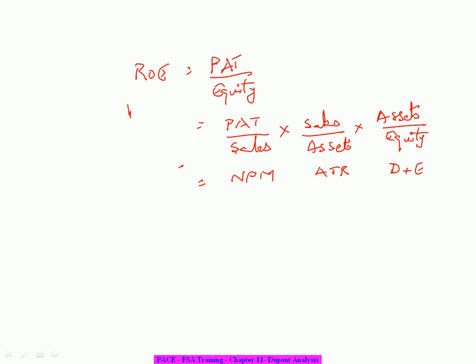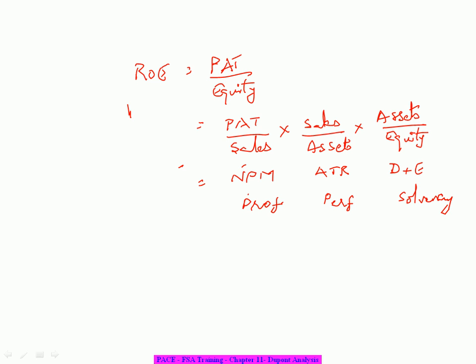With this, what comes out is that the first is more of a profitability ratio, this is more of a performance ratio, and this is more of a solvency ratio, because we are talking of debt and equity. Anything to do with debt is a solvency ratio.